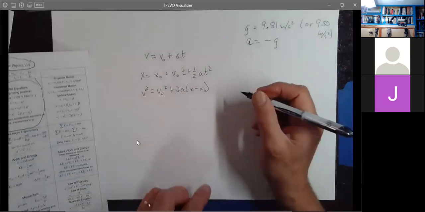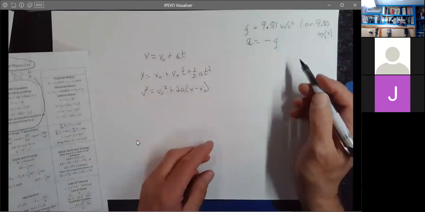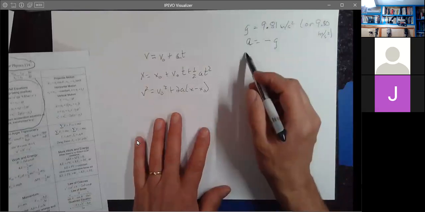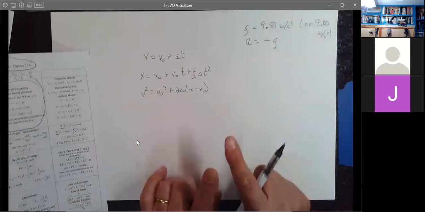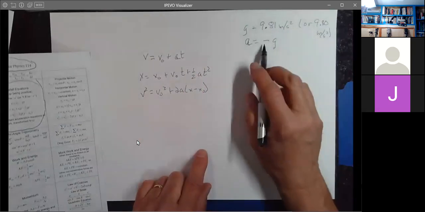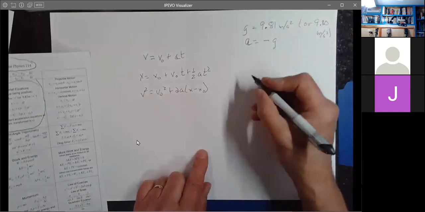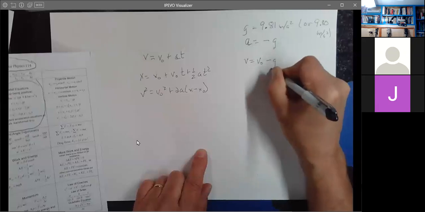But when we do that, we'll get equations in the y direction instead of the x direction. And the equations I'm going to write down here are all assuming that up is positive. And that's why we put a minus sign on here, because the acceleration is going to be down. So v equals v naught minus gt.